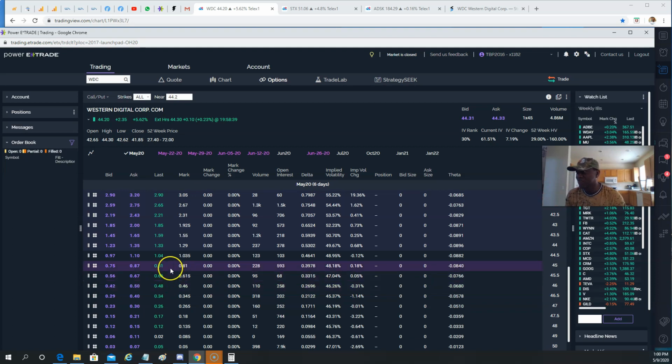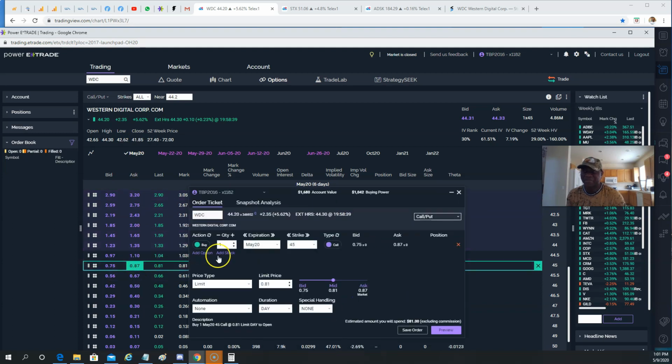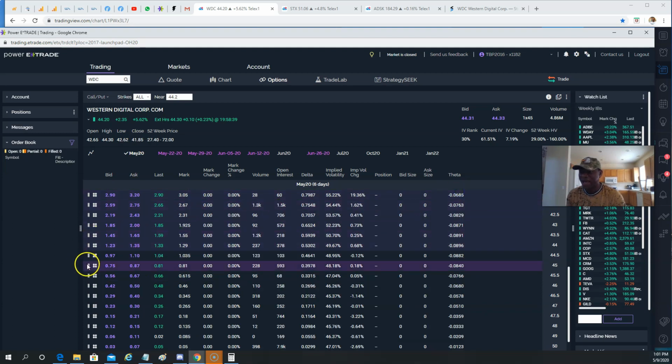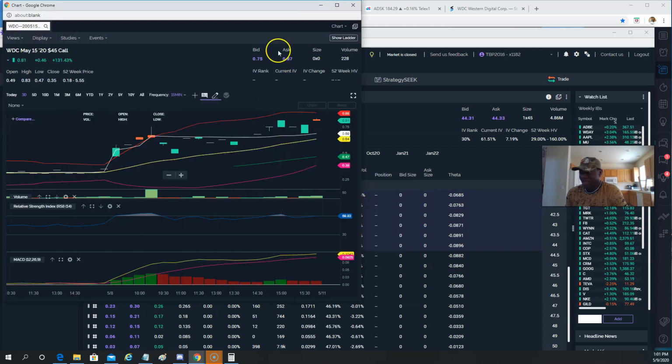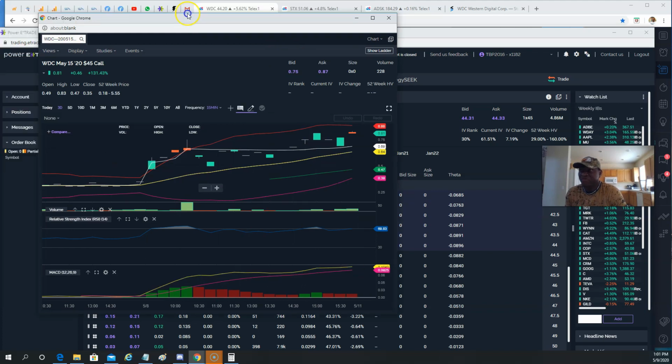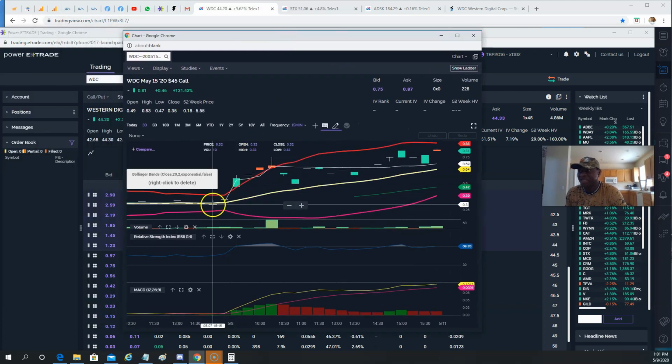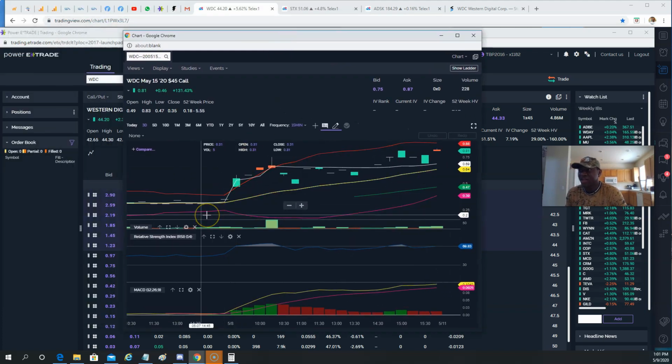So instead of trading the 42, let's say you were to trade the 45 expiring May the 15th. We are going to go side by side and look at the option chart for that, because you would have bought it at a higher price, but it would still have yielded gains for you with still time left, since you have the full week left going into the 15th, right?